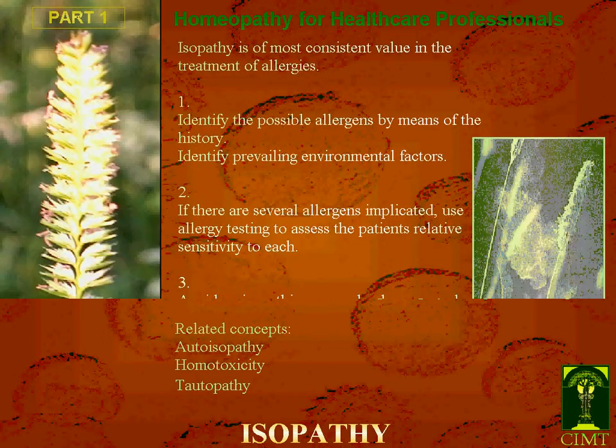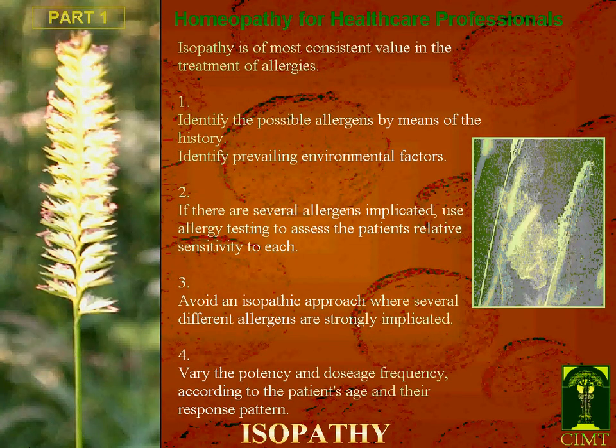If we look at pollens, one of our very common conditions that isopathy is indicated in is hay fever. And there's a clear process. You identify the possible allergens by means of the history. You look at the timing of their symptoms and the seasonal aspects of them.